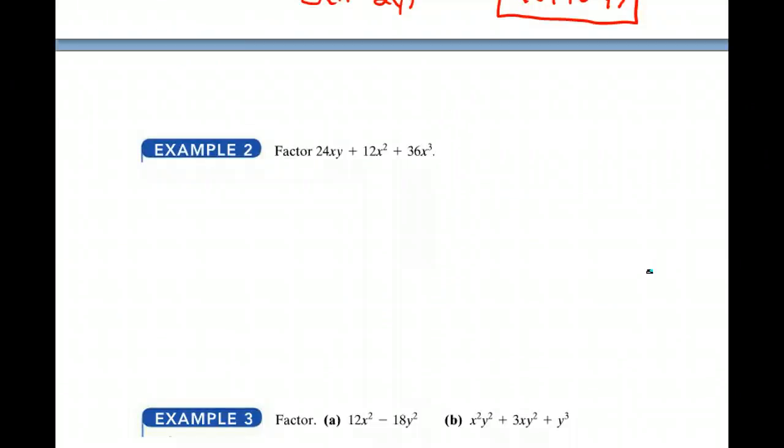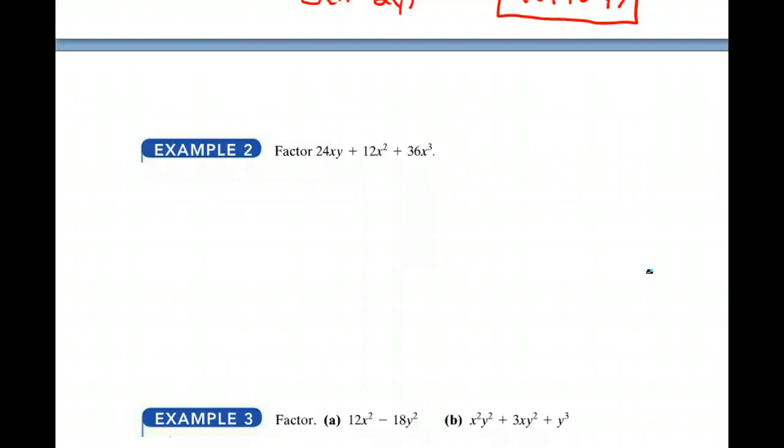We're now going to look at an example that contains 3 terms. And what's special about these terms, as you look across that expression, is you're going to see that the first term has an x to the first power.